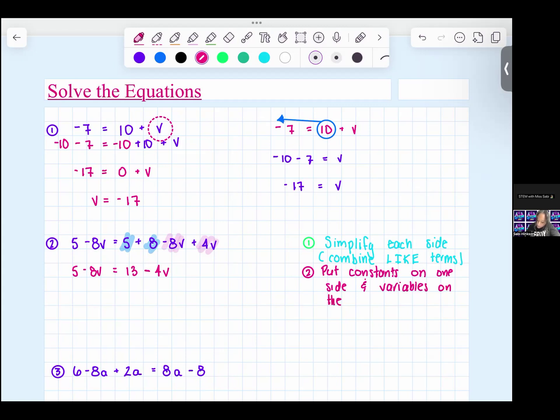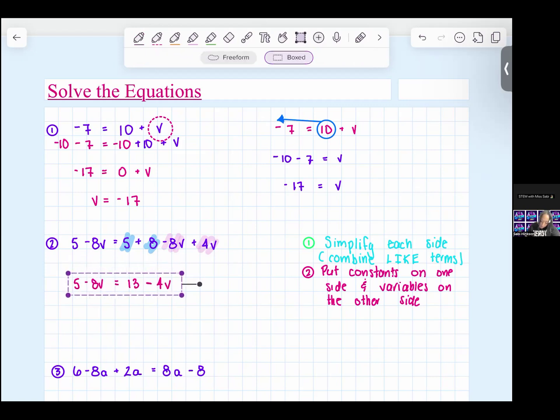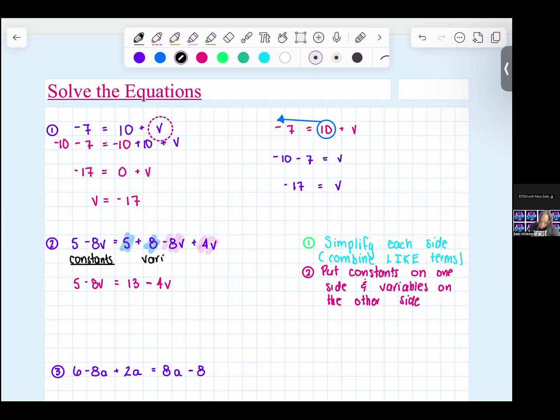It doesn't matter which side you choose, just as long as you have all the constants on one side and all the variables on the other. So what I'm going to choose to do, just for practice purposes, is put constants on this side of the equal sign, and variables over here.